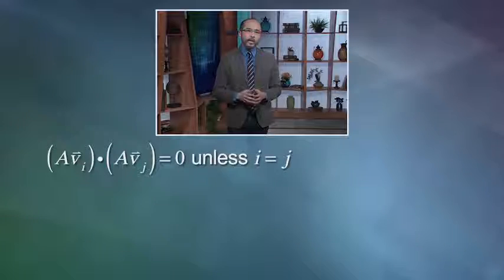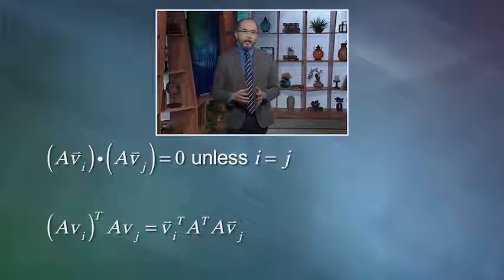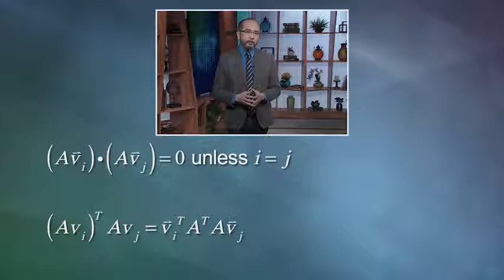Now let's check that the A times V sub i are orthogonal. We'll perform a nearly similar calculation to the one we just did. We'll take the dot product of A times V sub i with A times V sub j. If they are orthogonal, we should get 0. But the dot product of AVi transpose AVj is Vi transpose A transpose A Vj.